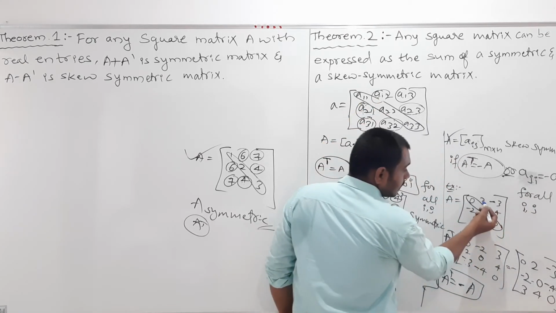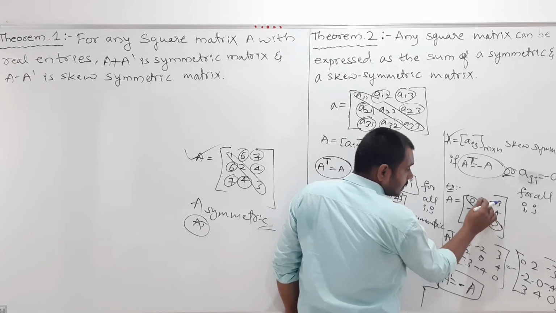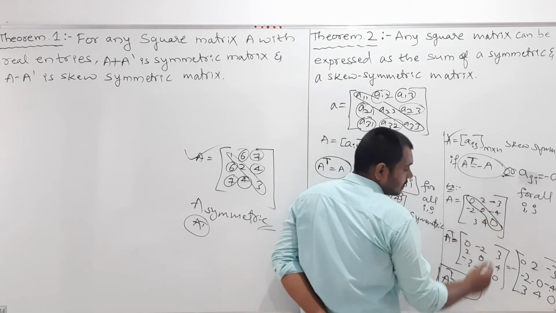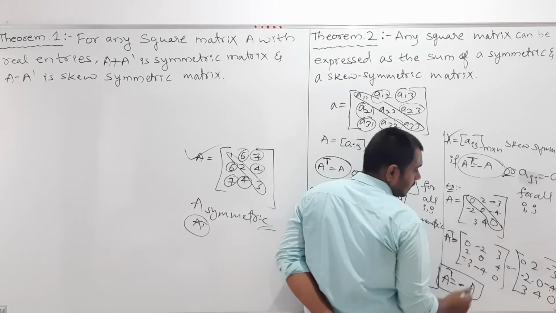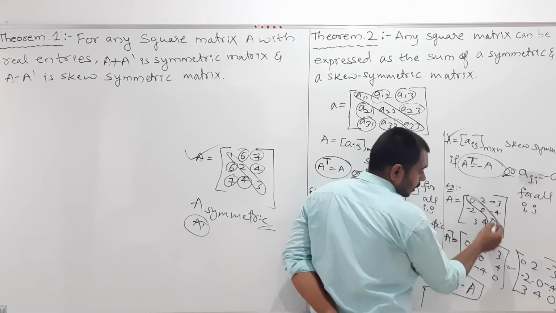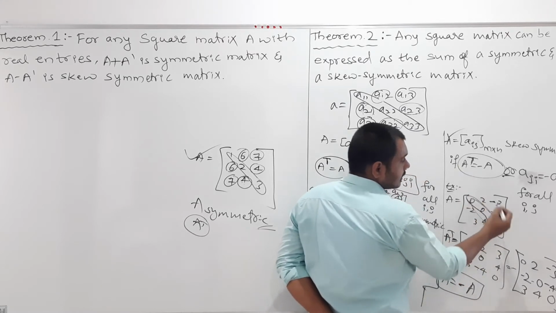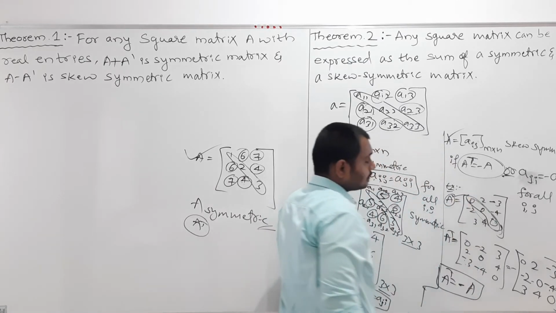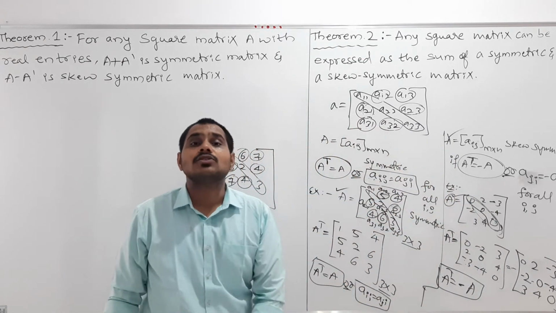It means that if I take this element and this element, the element should be the same, only the sign should be different. Here it is plus 2, here it is minus 3, minus 3 plus 3, minus 4 plus 4, and all the diagonal elements must be 0. Like this you should write. After writing this, you can check that the matrix is always a skew symmetric matrix.